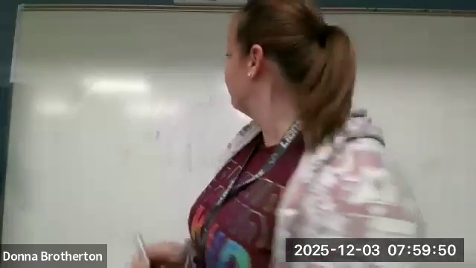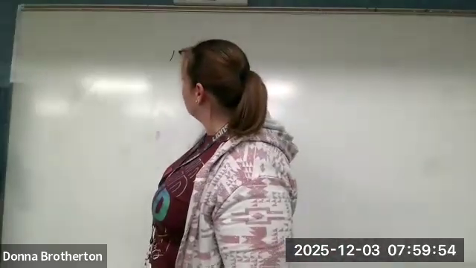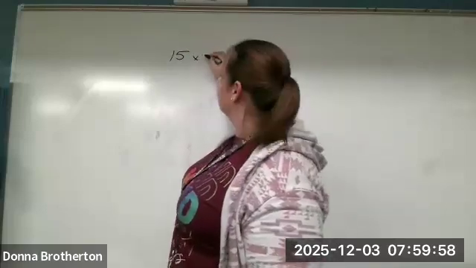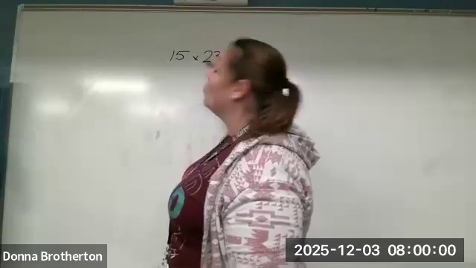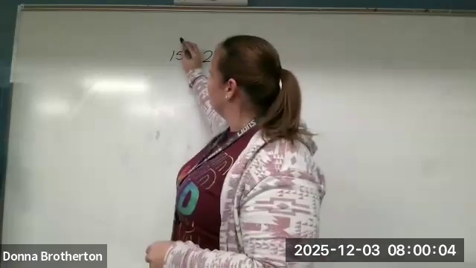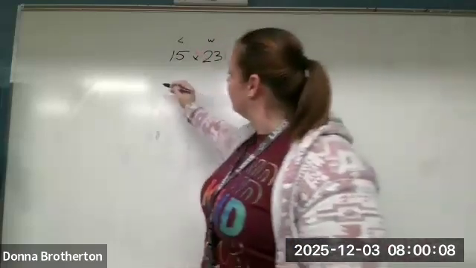Concept is still the same, but this time we are going to find out 15 times 23. 15 times 23. Remember again, this is the length and this is the width.